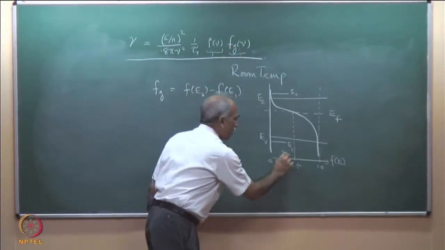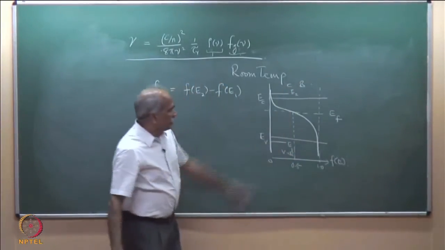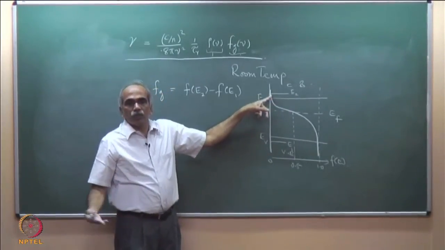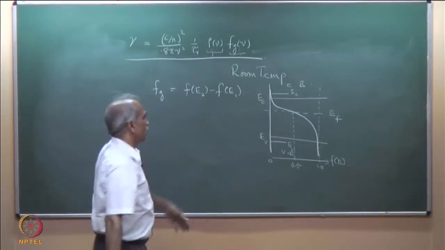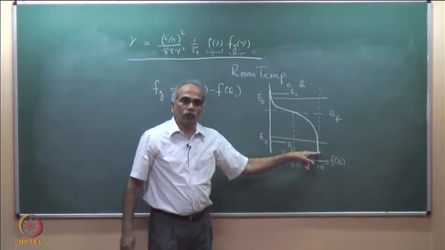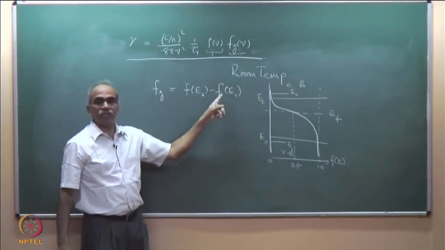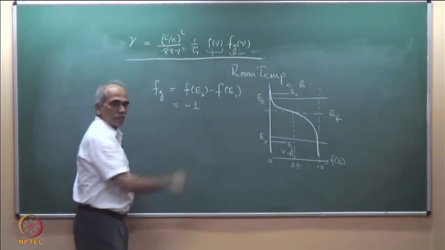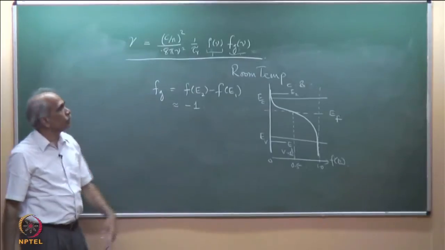So this is the valence band, this is the conduction band. f of E2 is a very small value here. If you put actual numbers, as I already mentioned, it will be 0.0001 or something like that. So very small value, and f of E1 is very close to 1, 0.9999, which means this is 0 minus 0.99, so it is approximately equal to minus 1, a little less than minus 1, but approximately equal to minus 1.